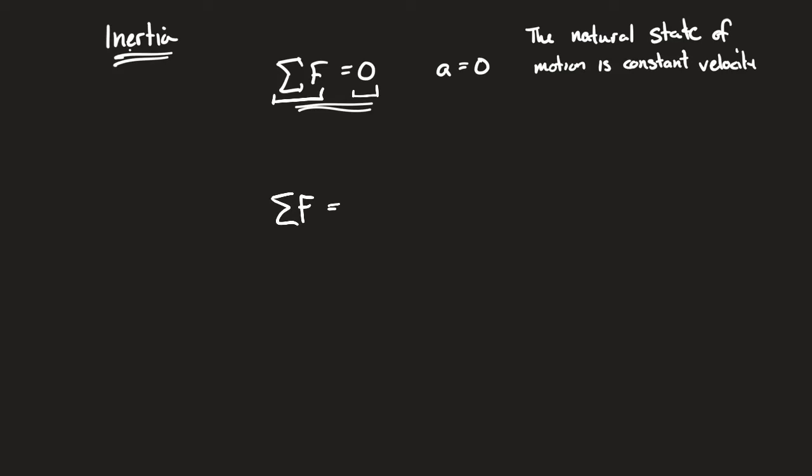Objects accelerate based on how big they are, how difficult they are to change. Objects that are more difficult to change have more inertia. Objects that are easier to change have less inertia. It's just a coincidence that an object's mass is a measure of its inertia. It's very coincidental. In fact, people have been trying to study why the same thing that causes gravity also causes inertia. I don't care if you know why.